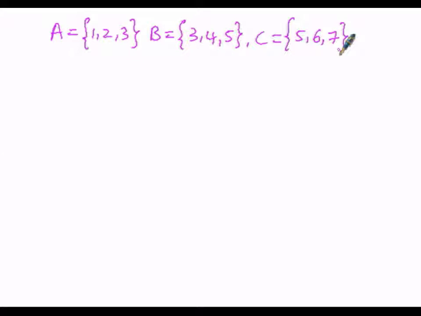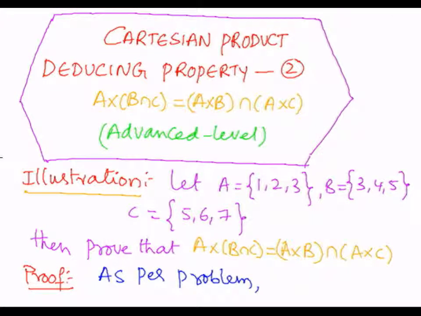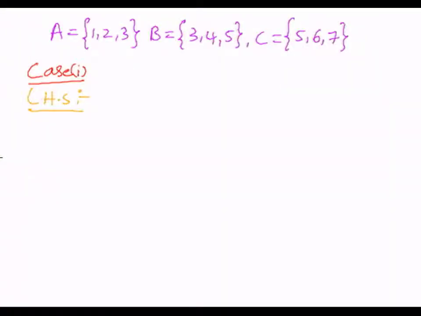In case number 1, as per the condition, we are going to take the LHS quantity. So in our LHS, we have to find out A cross B intersection C.